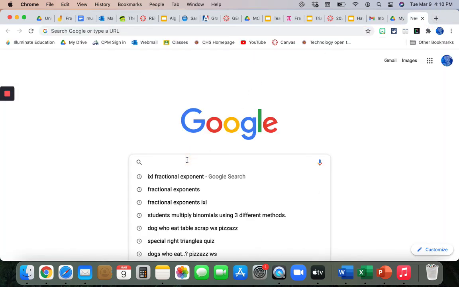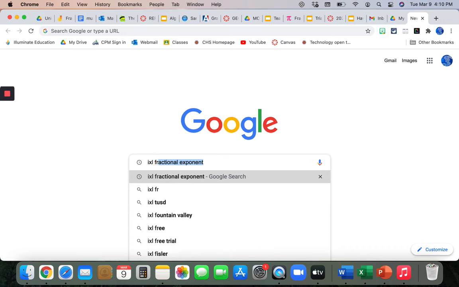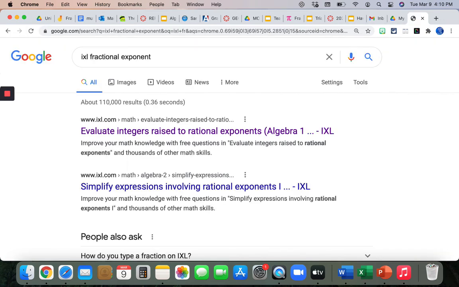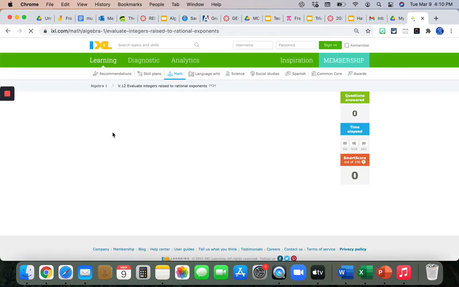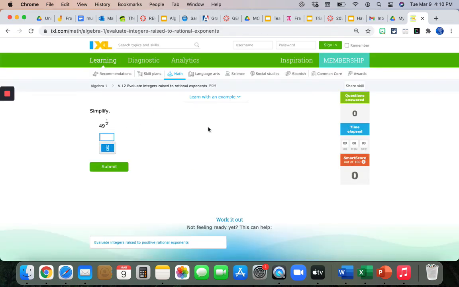In Google, I type IXL, fractional exponents, hit enter, and it will bring you to this one. If you can do the check for understanding on this one, when you're doing it correctly, you hit submit, and however many correct you get for the score here, you want to go ahead and take a screenshot at the end, and we will go ahead and give you that extra credit.